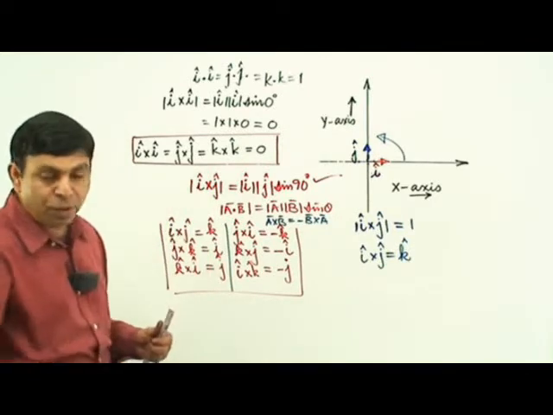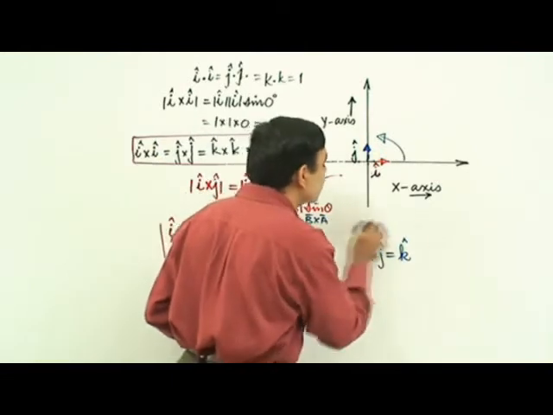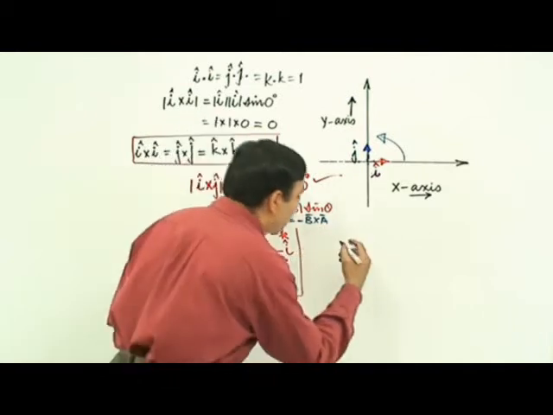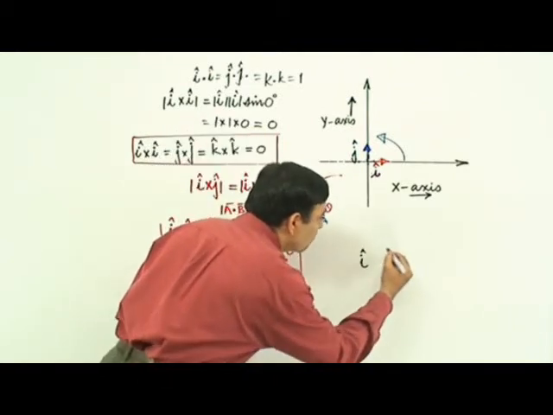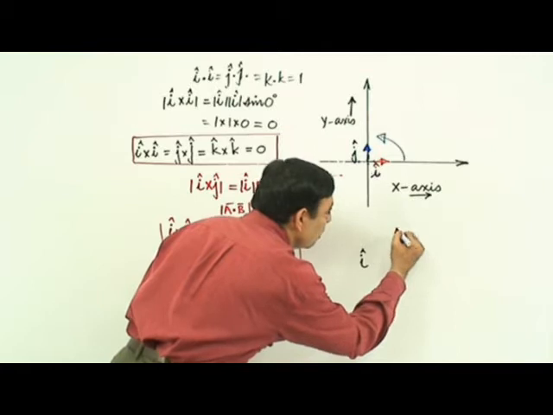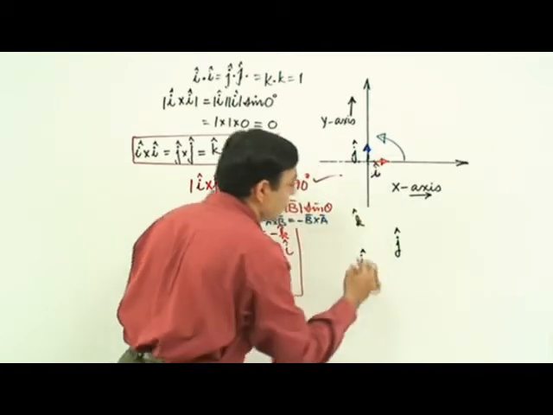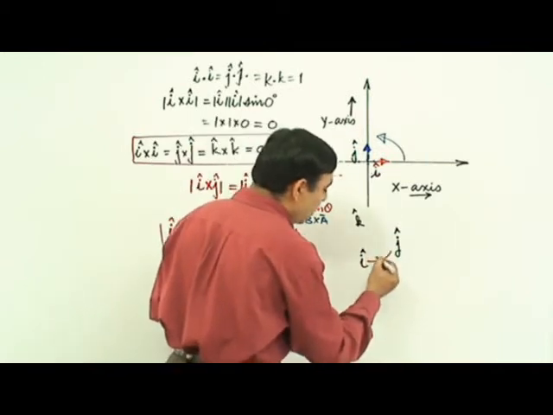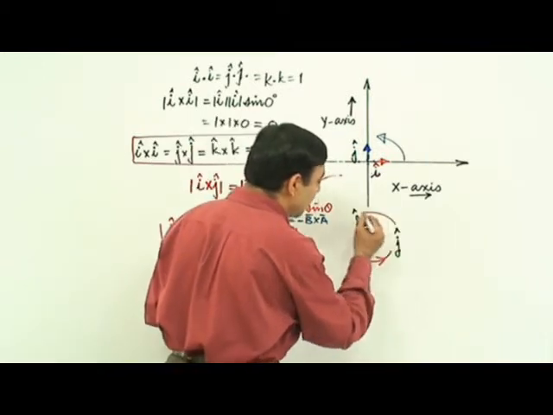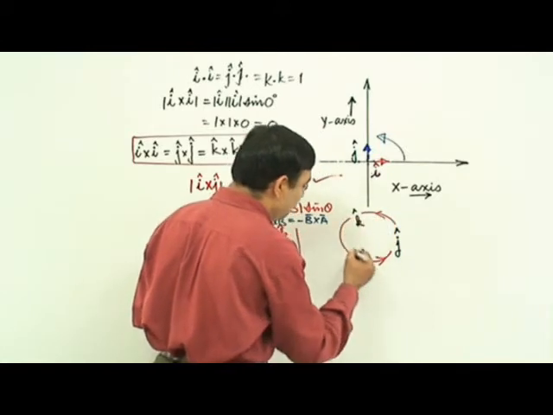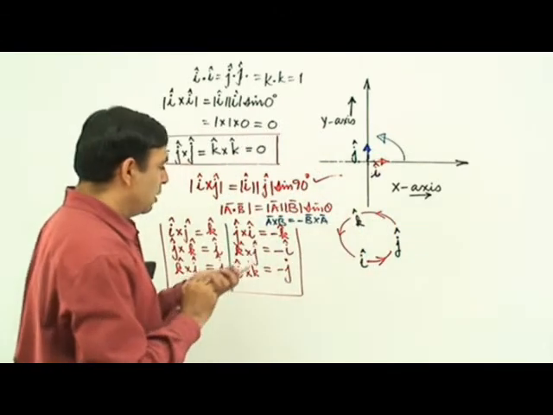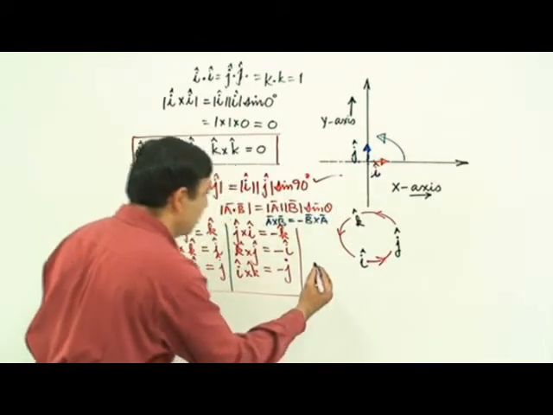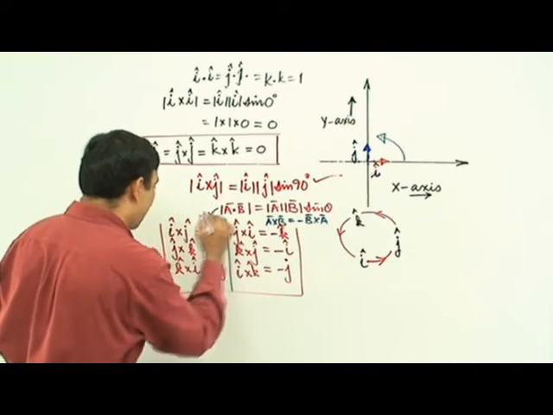What you can do is draw an anti-clockwise cycle and remember a simple relationship. Suppose this is I, write down j somewhere here and k somewhere here. I, j, k in the anti-clockwise direction. Now let me join them in an anti-clockwise direction like this. The anti-clockwise direction is taken as positive. Now you know very well, I cross j is k.